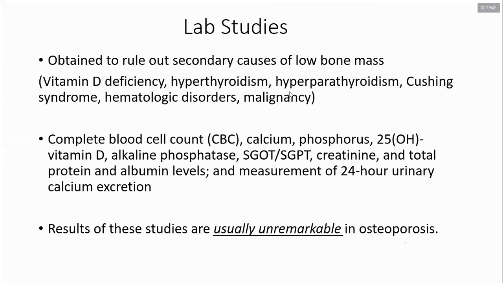So you need baseline investigations such as complete blood count, calcium, phosphorus, vitamin D, alkaline phosphatase, which is a marker of bone formation, and SGOT, SGPT, liver enzymes, just to make sure the liver is okay, and the kidney is okay by doing creatinine, total protein, albumin, etc. Okay, so usually they are normal.